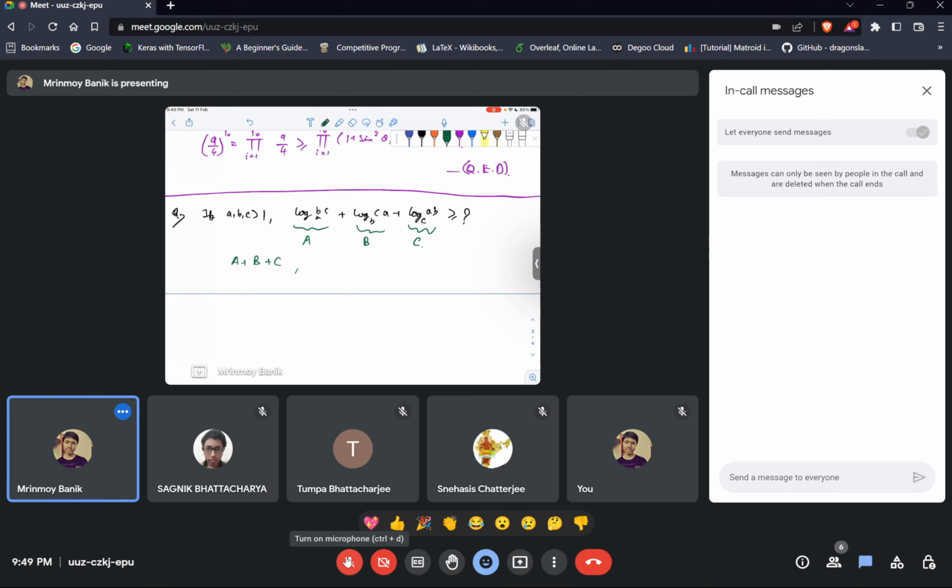So let's first break it further down. Log bc base a is log b base a plus log c base a; similarly, log c base b plus log a base b, plus log a base c plus log b base c.